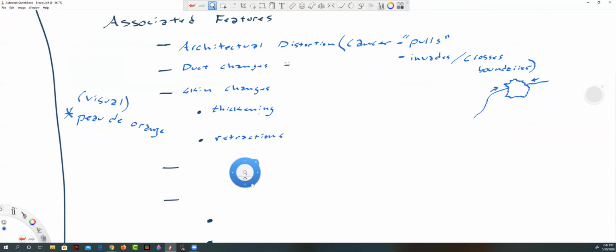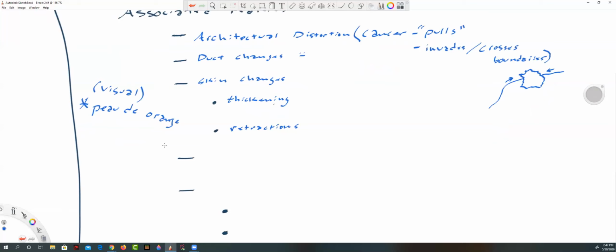And that's actually associated with this next one here, edema. Yeah, it's associated, because you could have edema whether it's a mastitis or some cancers, but the peau d'orange is definitely an indication of cancer.